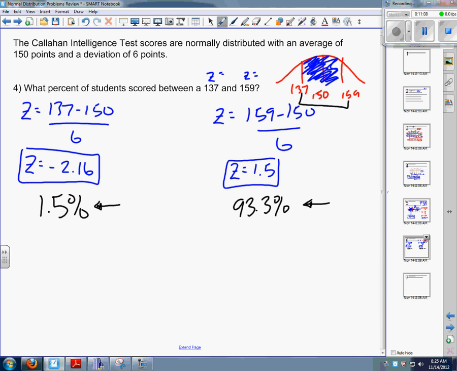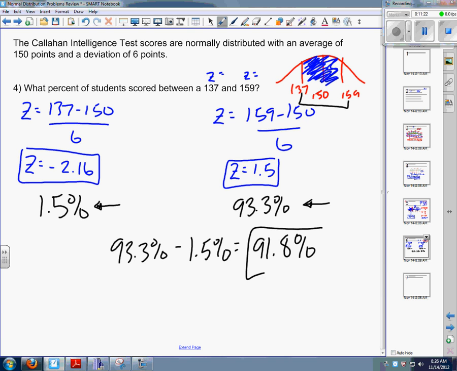I'm trying to find the amount of percent in between these. So I'm going to take 93.3, subtract 1.5, and I'm going to get 91.8%. So 92% of the kids scored between here and here.